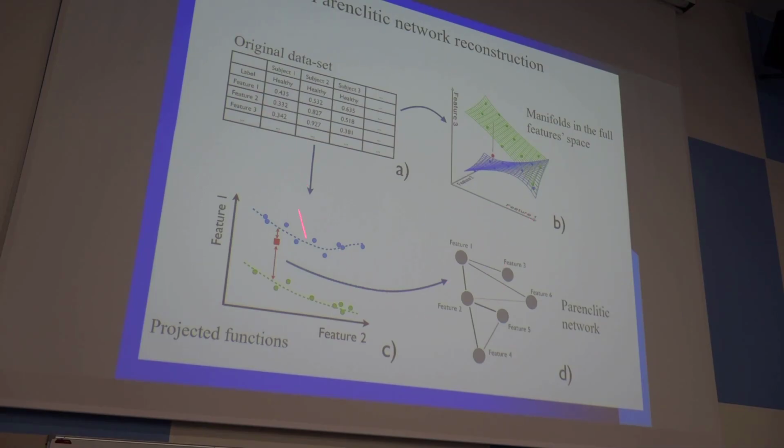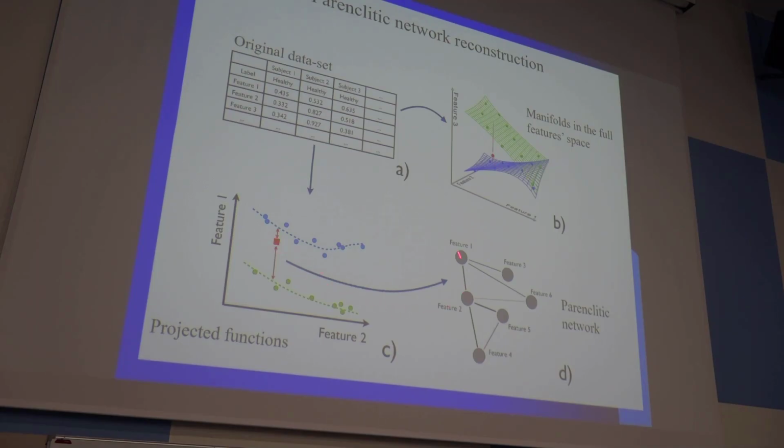Then you go in each one of the projected planes, okay, and the blue points will define a function, and the green points will define another function. So I will have the set of functions defining class green and the set of functions defining class blue. And then when a new subject arrives, this new subject is a red point.